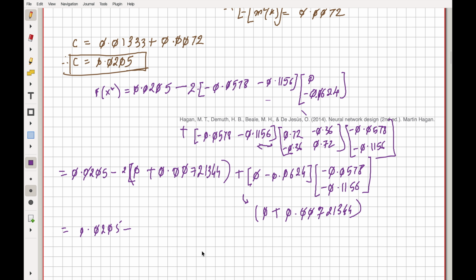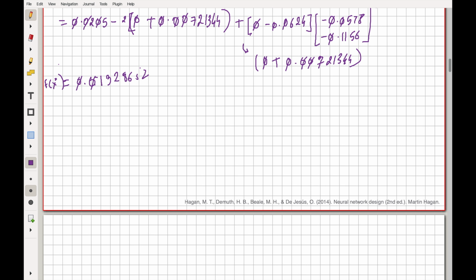That gets us the magic number. So let's erase this. We get 0.01328652. So that is the value we have for f of x.